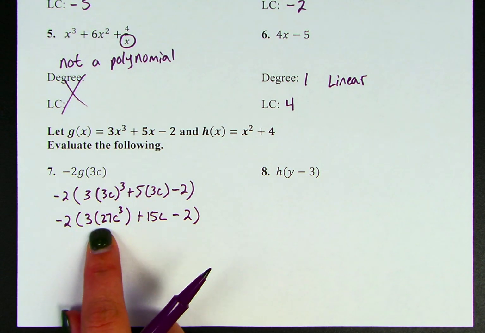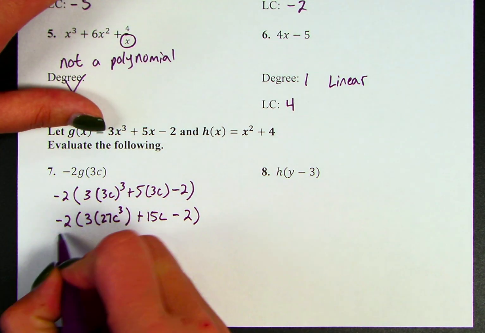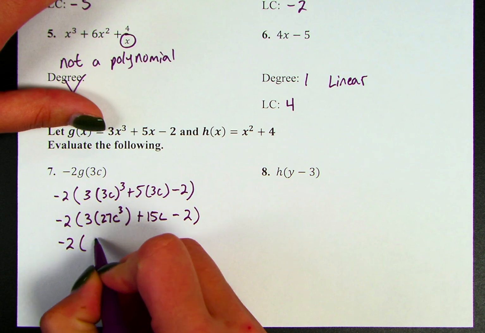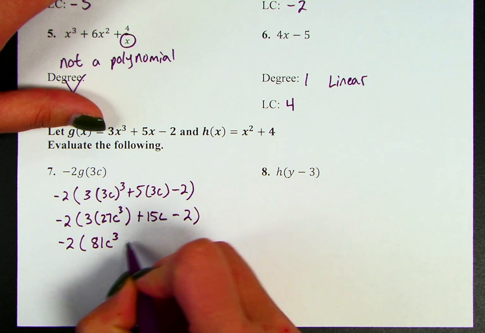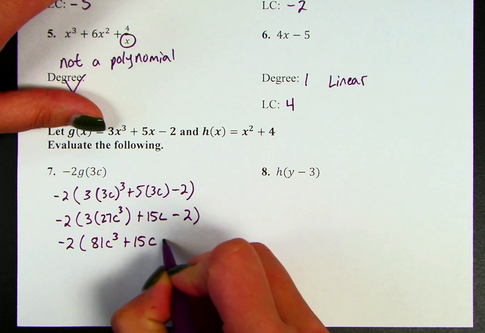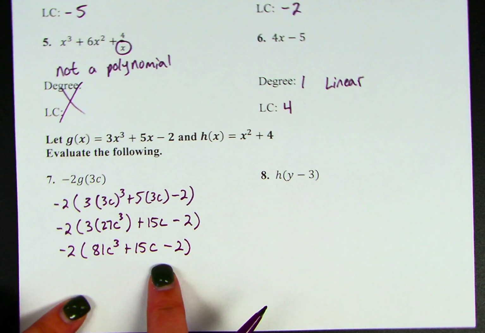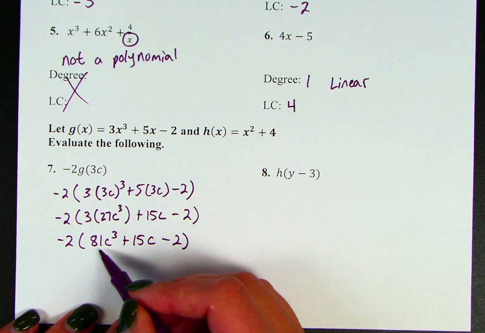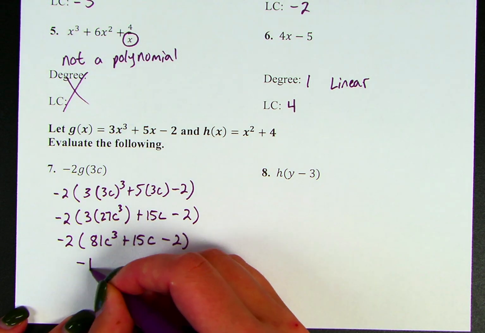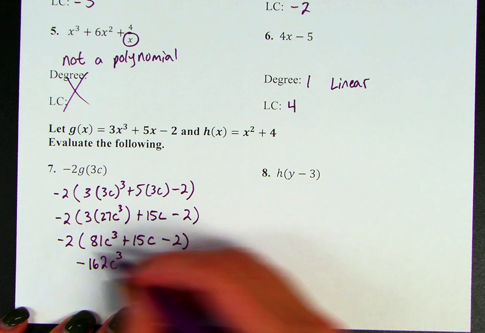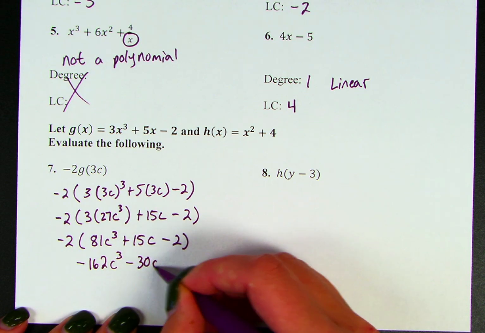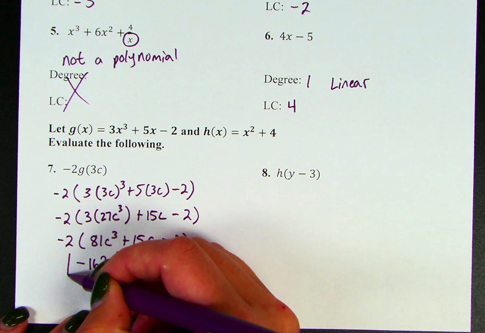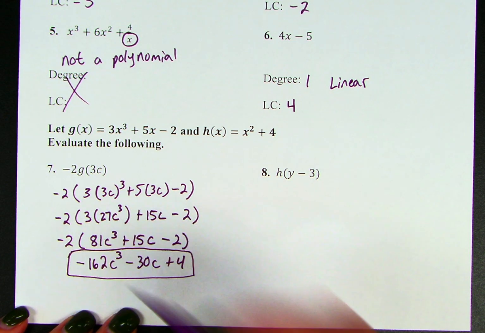So next, 3 times 27 is going to be 81, so this will be 81c cubed plus 15c minus 2. And I can't combine anything else inside, so that means that I am ready to distribute that negative 2 in. So negative 2 times 81 will be negative 162c cubed, and then minus 30c plus 4. So this will be my final answer.